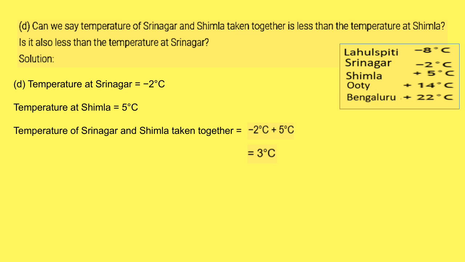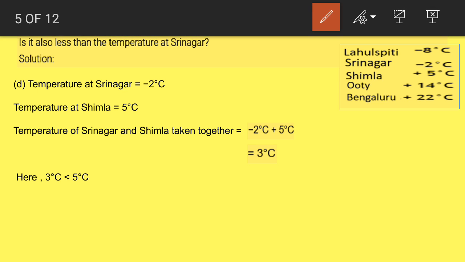I got one portion of the answer. Next, I have to compare this value to the temperature of Shimla. For that, I'll check here. So here the temperature of Shimla is 5 degrees Celsius. Look here, this is the temperature at Shimla and this is the temperature of Srinagar and Shimla taken together.